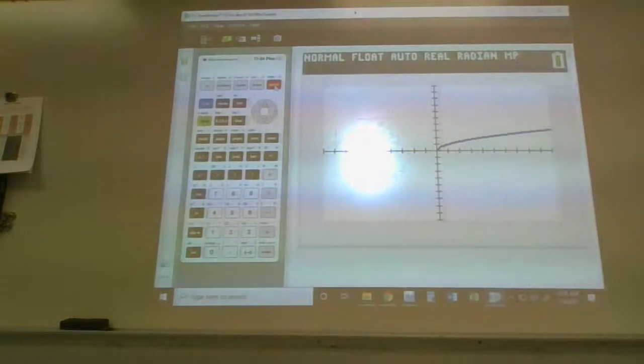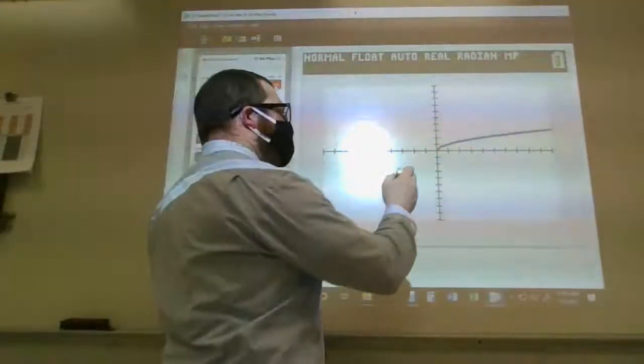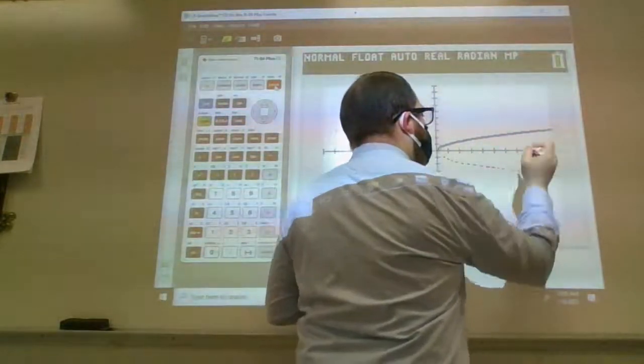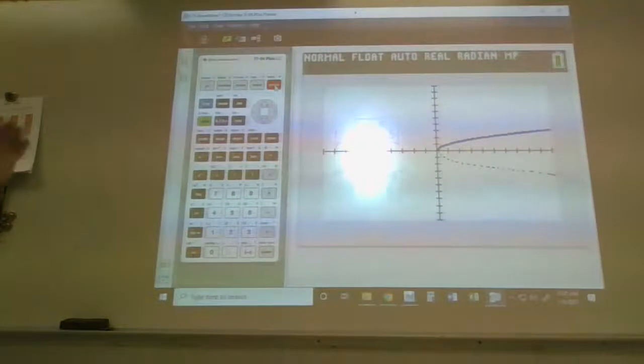We've talked about this briefly before, but in reality, this square root function is nothing more than a parabola opening up to the side. But that bottom half of the parabola is not there.